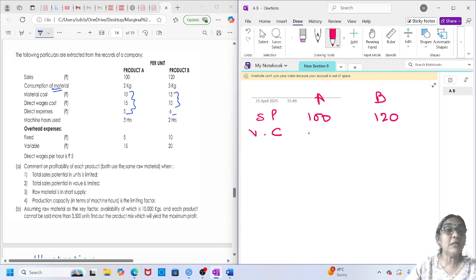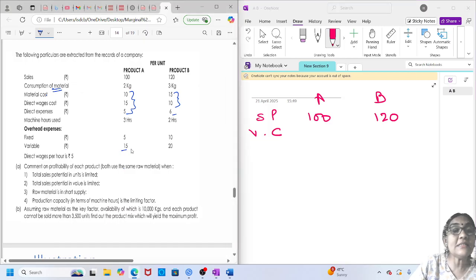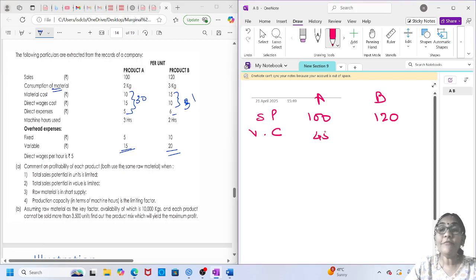Variable cost here. We also need to consider the variable cost of 15 and 20. So this is 30. This is 31. Right? So 30 plus 15, 45, and 31 plus 20, 51.